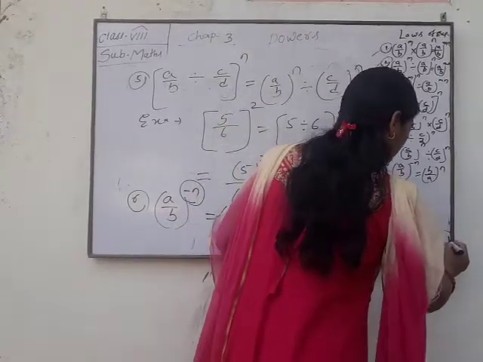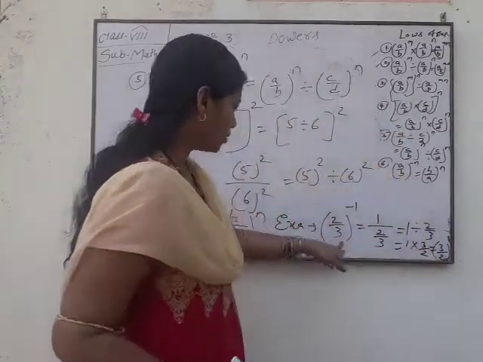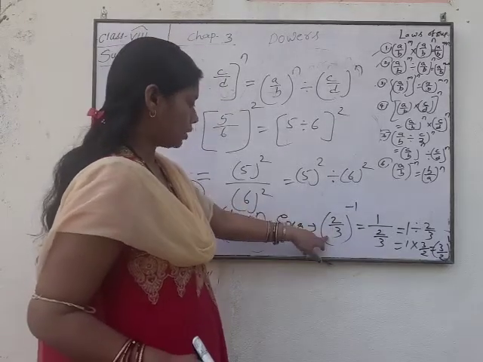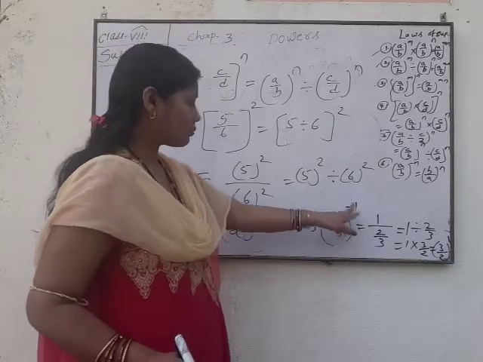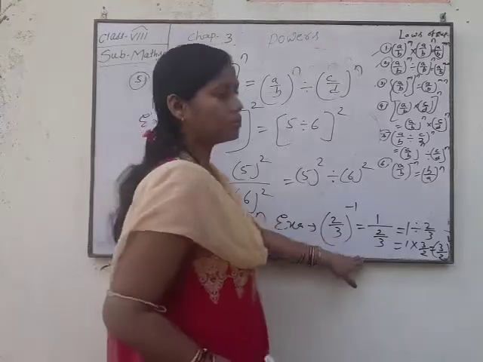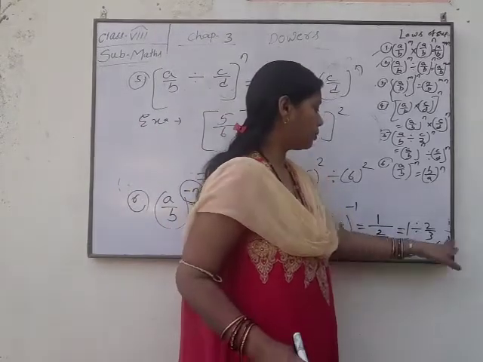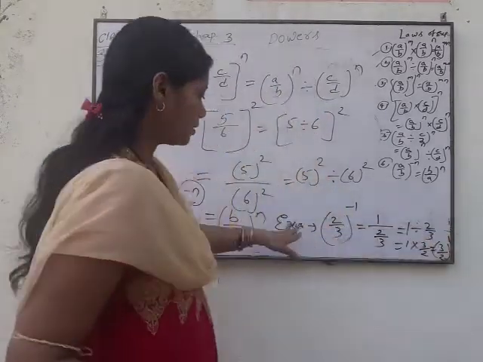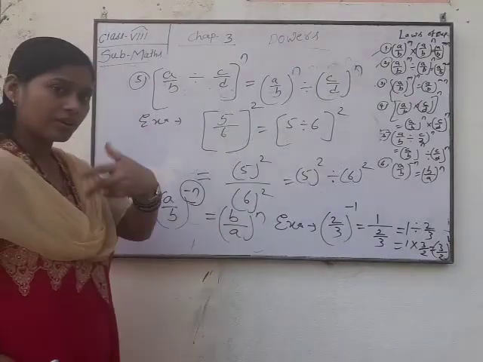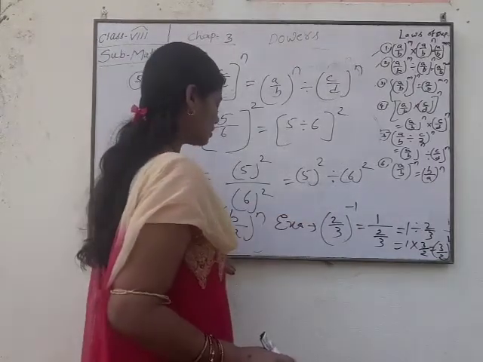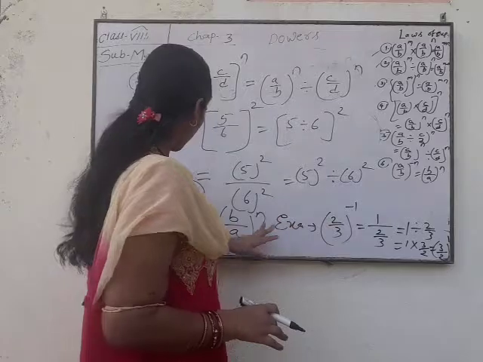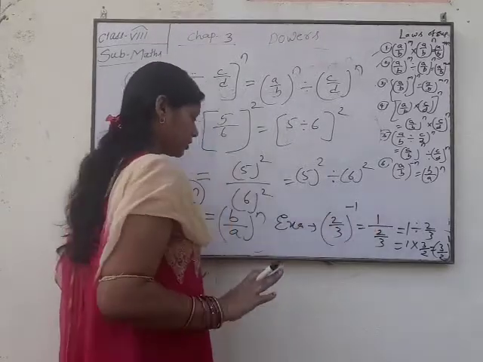Here your exponent is 1. So 2 by 3 whole to the power minus 1 is equal to 3 by 2 whole to the power 1. Okay. So you reverse your number, then we will get your positive exponent.